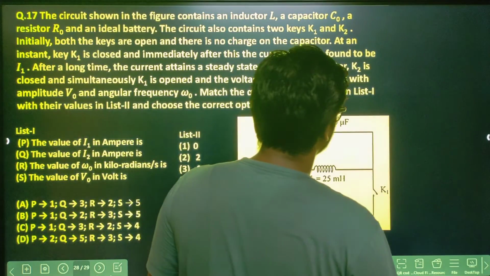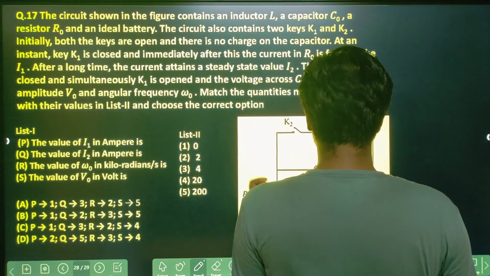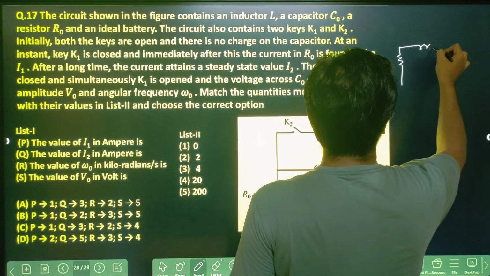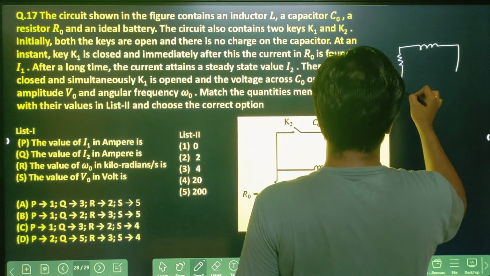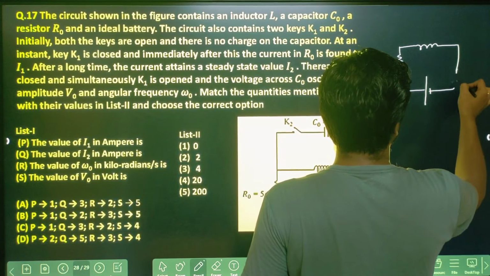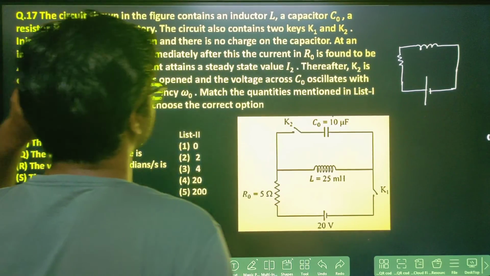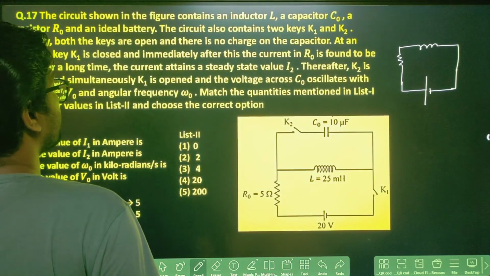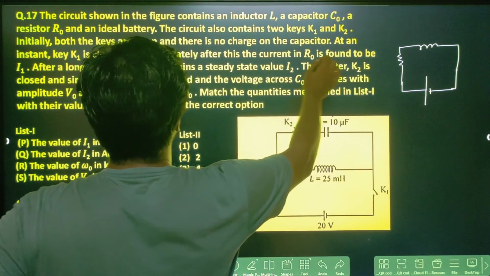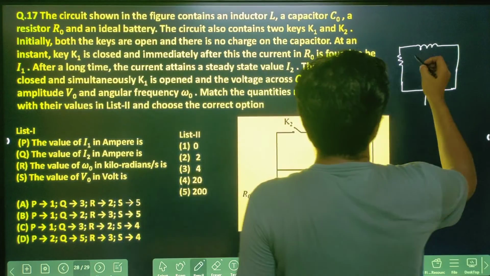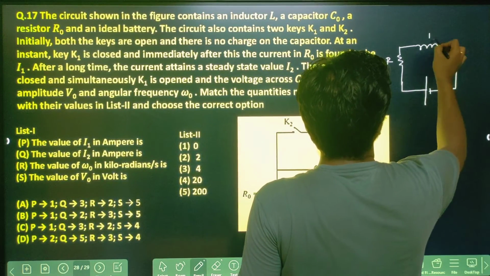So if you make K1 close, how the circuit will look like? K2 is open means this will be resistance, there will be inductor, and it is closed, and it will be like this. K1 close, first case. Immediately after this, the current in R0 is found to be I1. So initially if it is closed, you know the relation, right?